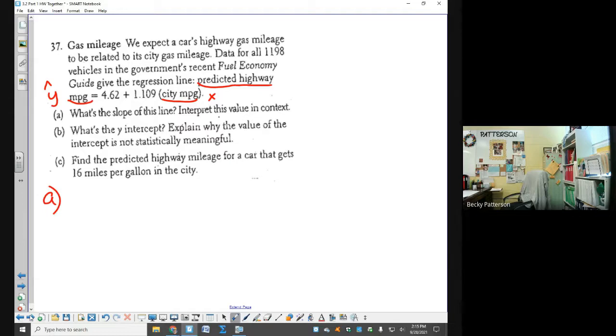What is the slope? 1.109. Okay, so I'm gonna write m equals 1.109 because it just dresses it up a little bit. How do you interpret that? What did I do in the video?